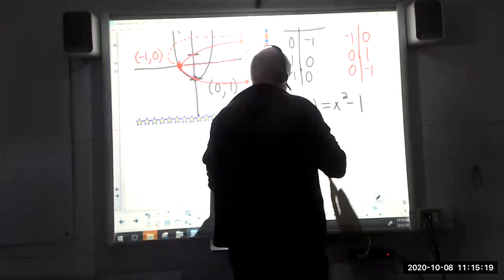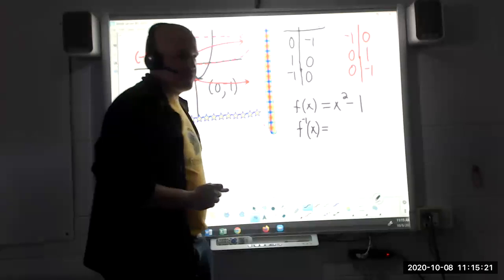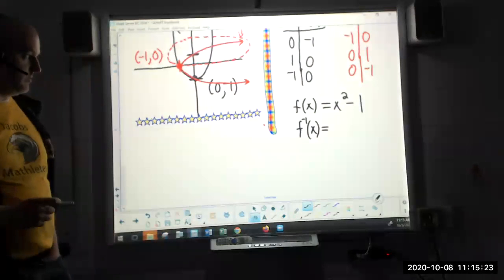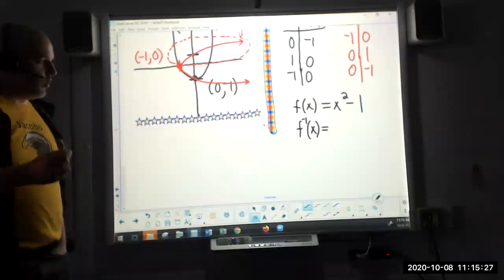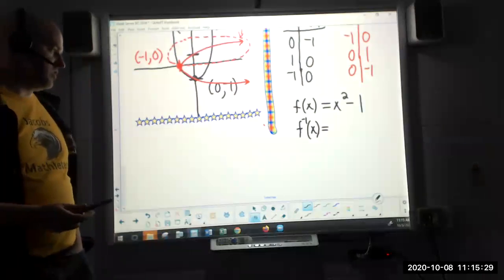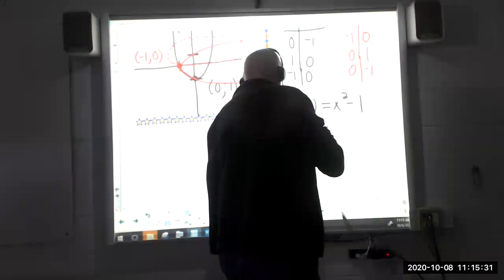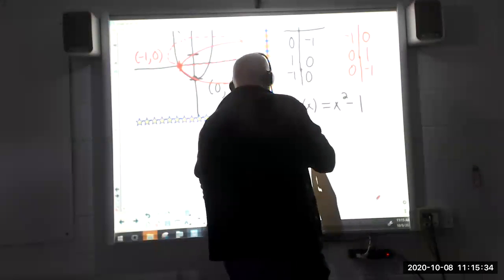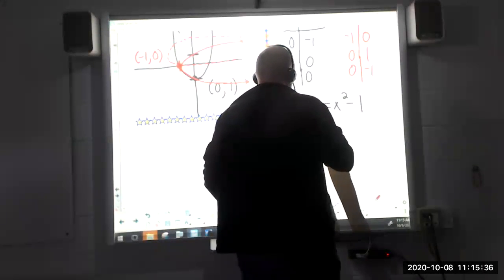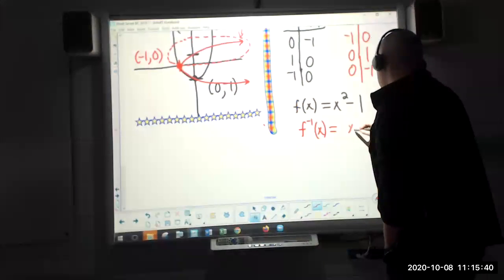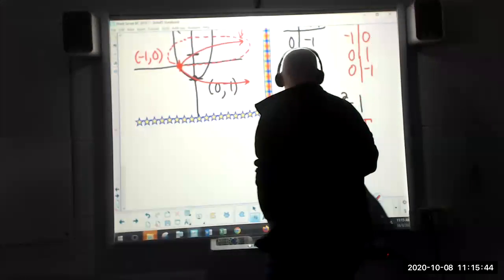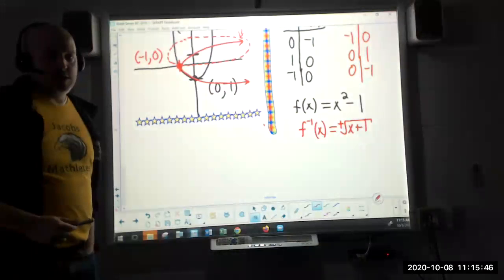I'm not going to do all of the algebra, but it comes from the same place for what I did in purple, and writing y for f of x, switching, solving. I didn't write that in the right color. I apologize. F inverse of x is, again, we're just going to look at the positive square root of x plus 1. All right.